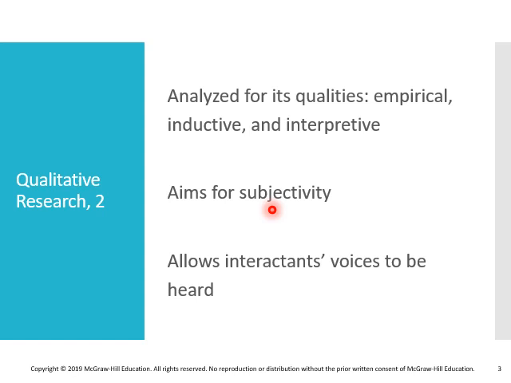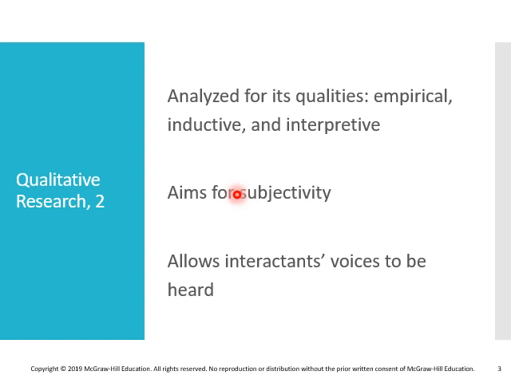That's not the focus of qualitative research. Instead, qualitative research is interested in the multiple possible truths or multiple versions of truths that can be used to explain what has been observed. So we are emphasizing the subjectivity, allowing different versions of truths to emerge and to be recognized.